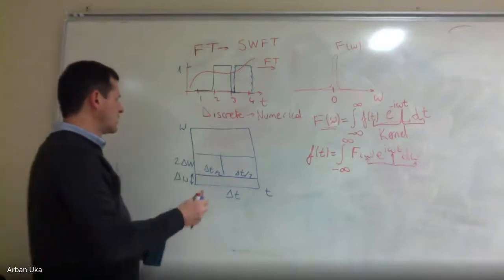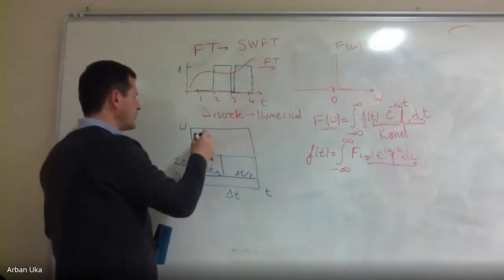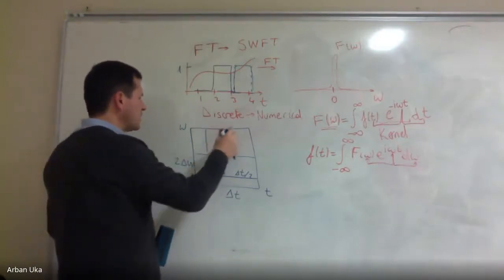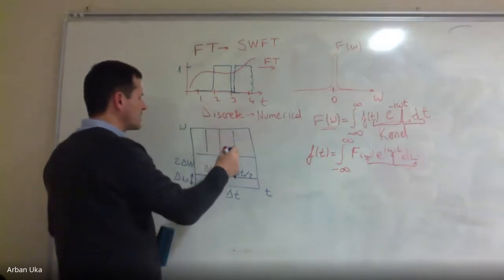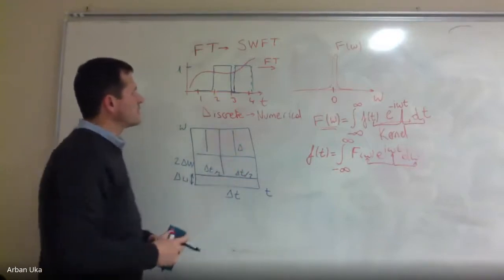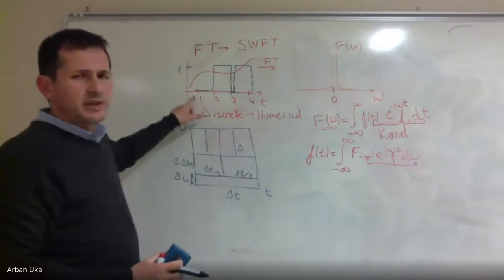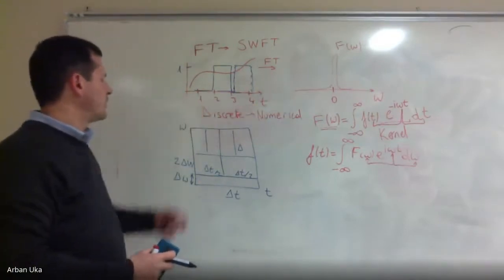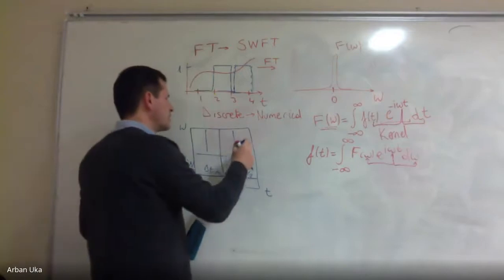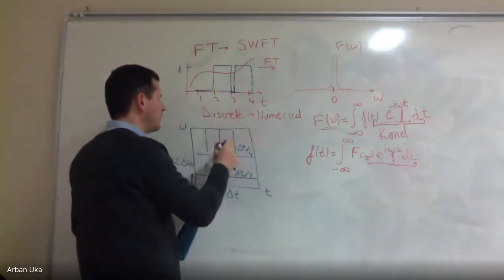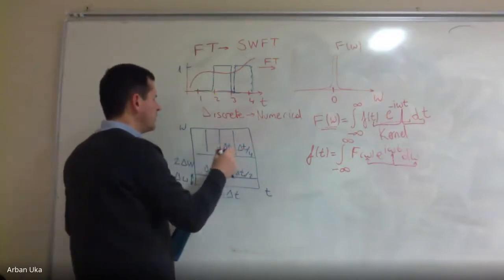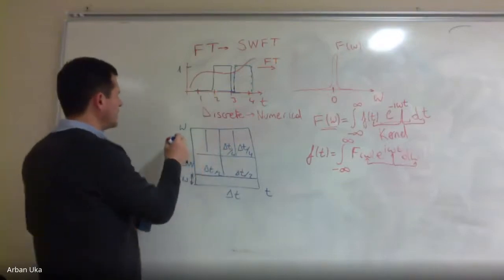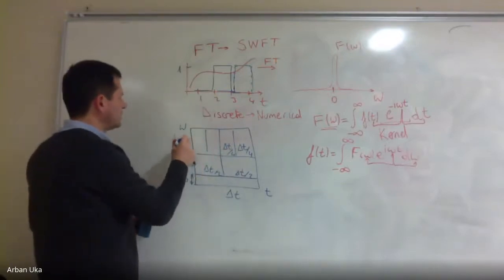So we can go on like this, and then what we can do further is that we can cut this a little more, so we can do the Fourier transform by integrating over a quarter of the whole range. So this would be delta t over 4, delta t over 4, and here we can say that this is going to be 4 delta omega.